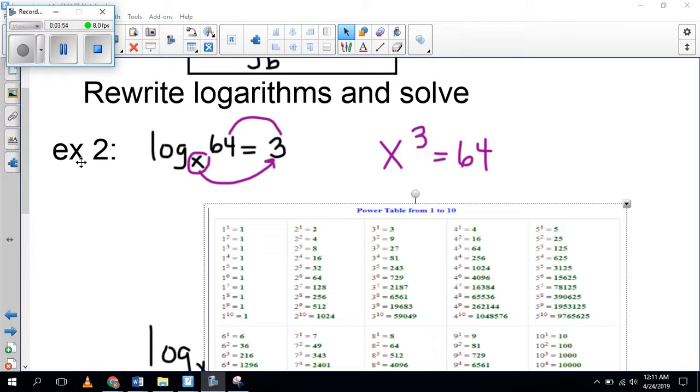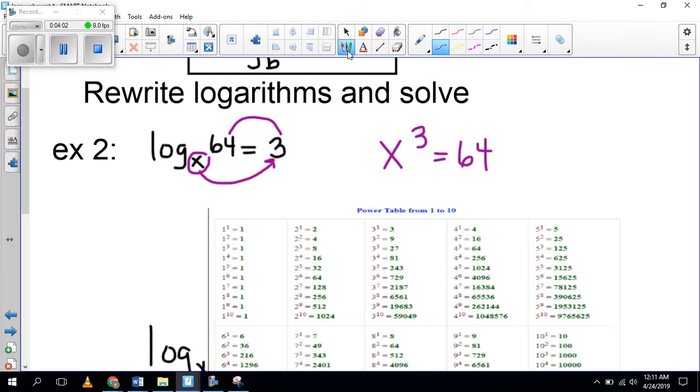After we get finished writing it, we've got to do a little bit of work because we've got to solve it. We've got to figure out what x is. Another way of stating this is, what number to the third power equals 64? What I have pulled up here is a power table. It's like 1 through 10.